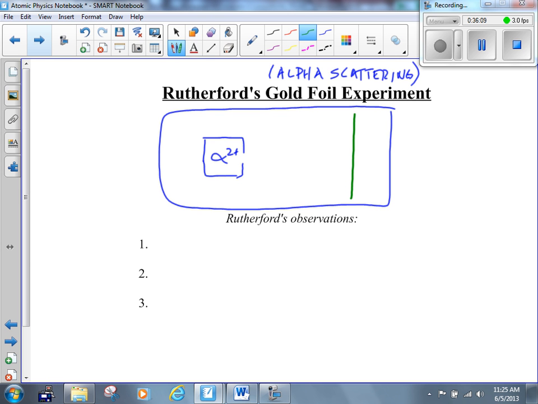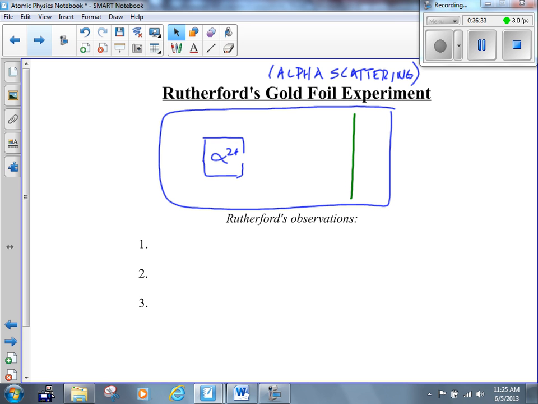Like gold leaf. You ever see gold leaf that sometimes you use in baking cookies or something? It's really, really thin, like minuscule thin gold foil. What these guys did is allowed these alpha particles one by one to leave this box and hit this gold foil.